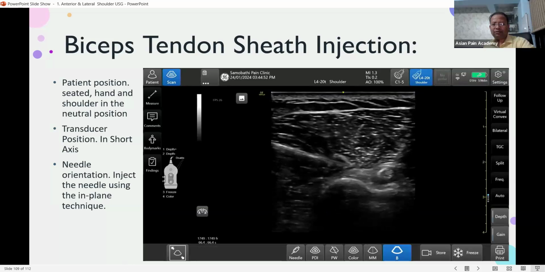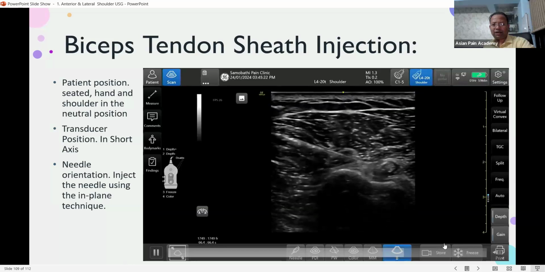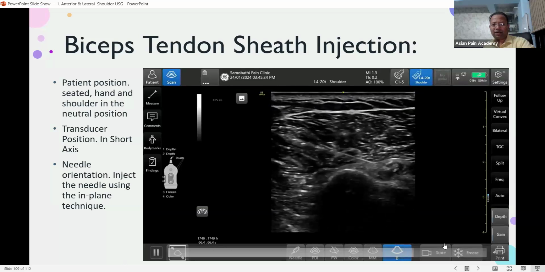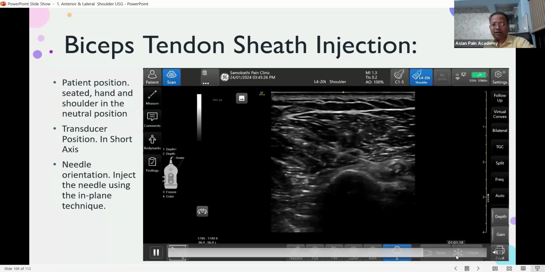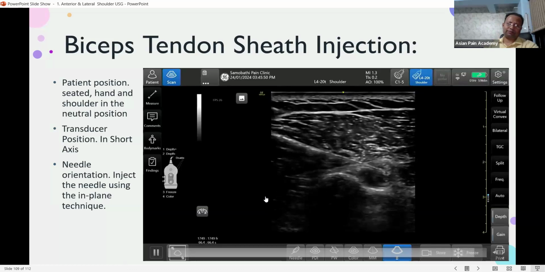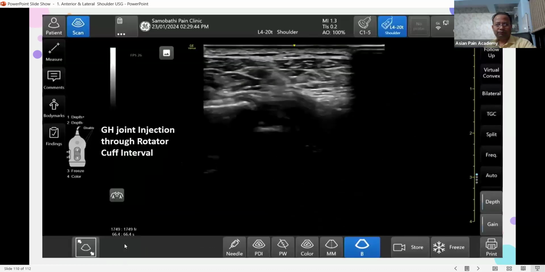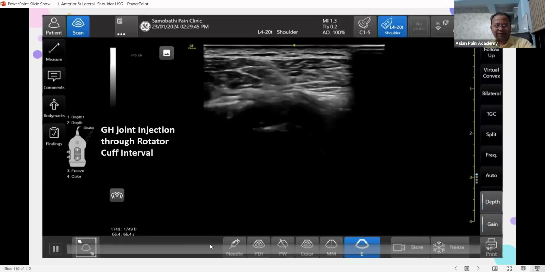So it is just around the biceps tendon sheath. This is also glenohumeral joint injection through rotator cuff interval.